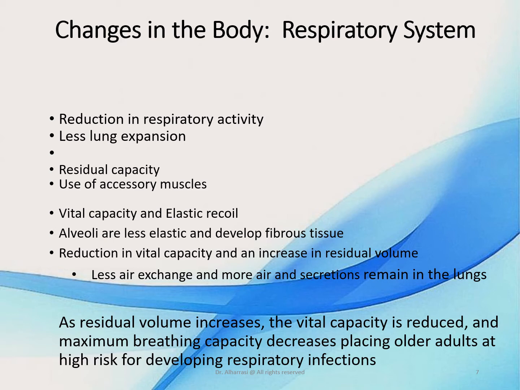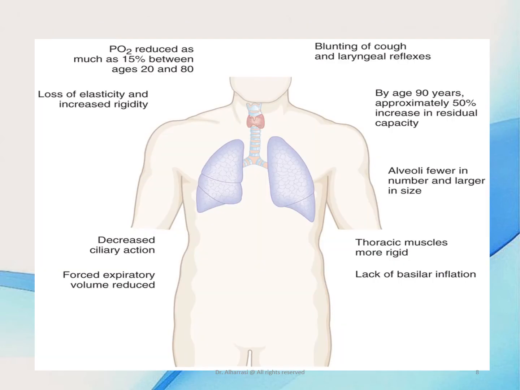As the residual volume increases, the vital capacity is reduced, and the maximum breathing capacity decreases, older adults are placed at high risk for developing respiratory infections, because there is a change in their lungs and not normal breathing. This picture again shows you the changes that happen with aging.